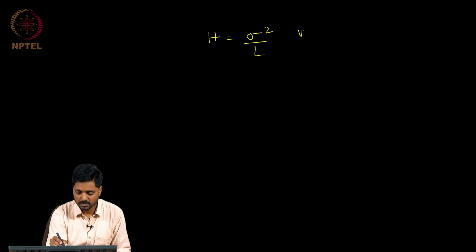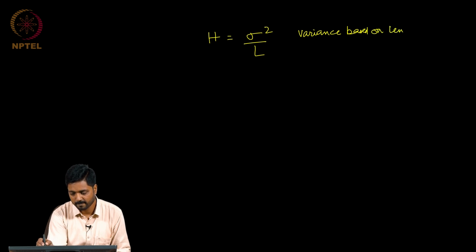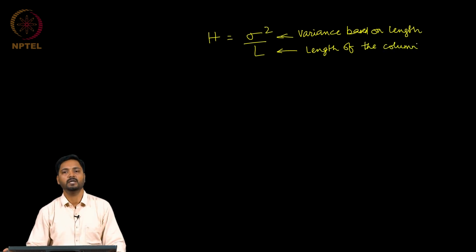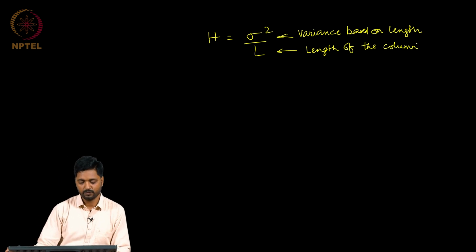So, sigma square was the variance based on length, and L is the length of the column that was used to elute out the analyte of interest.